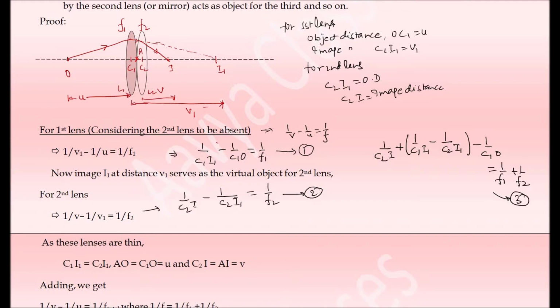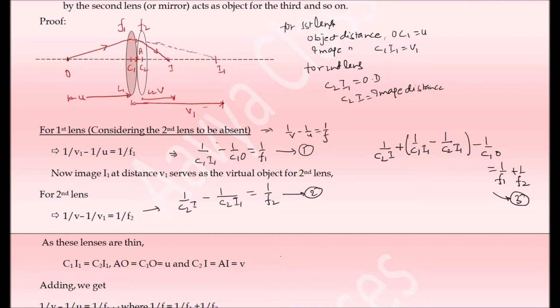So AO is equal to C1O, and it is equal to u, and similarly C2I is equal to AI, like the image distance from the optical center of the second lens is equal to the image distance from the optical center of the equivalent lens, and it is equal to v.